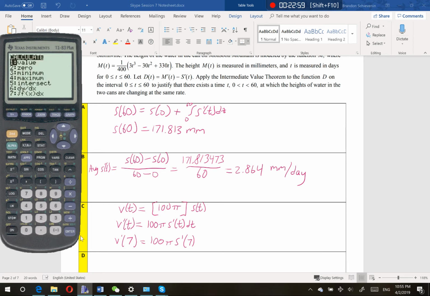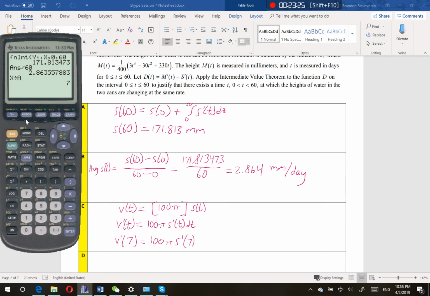Maybe calculate value. So when x is 7, our value is 1.916. Actually, I'm going to quit out here and store that. X store as a.